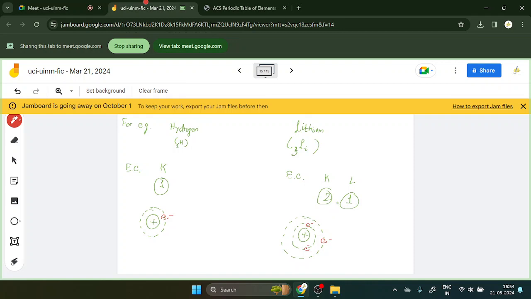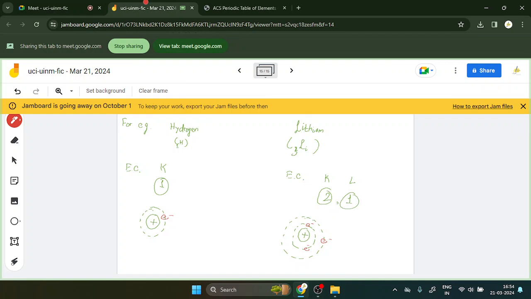So down the group, atomic size will increase, but there are some exceptions as well, for example fluorine. We will look at the exceptions later, otherwise we will get confused. Now, across the period, nuclear charge increases, right?